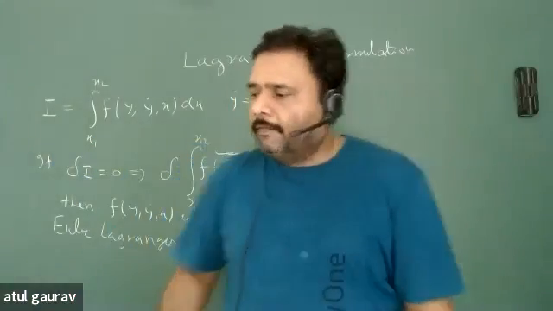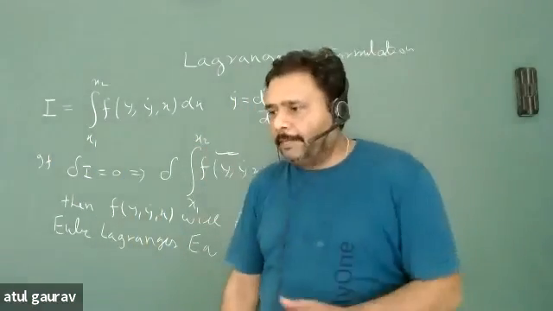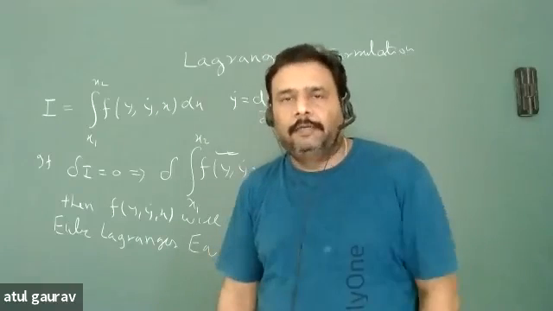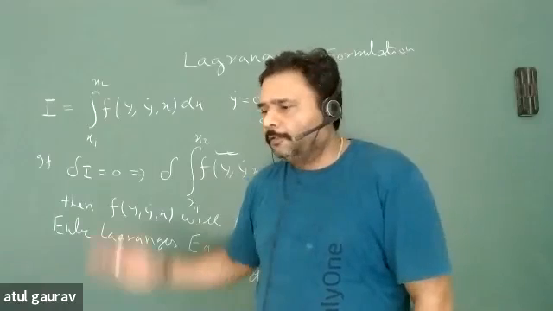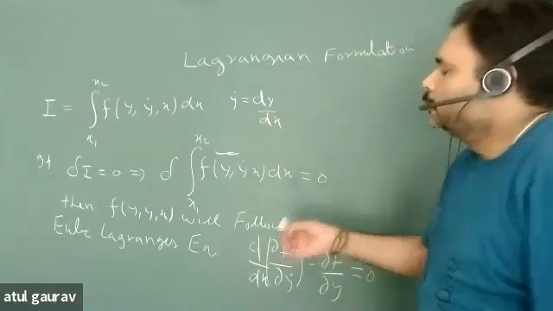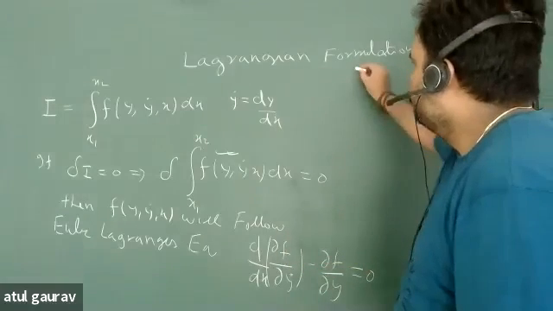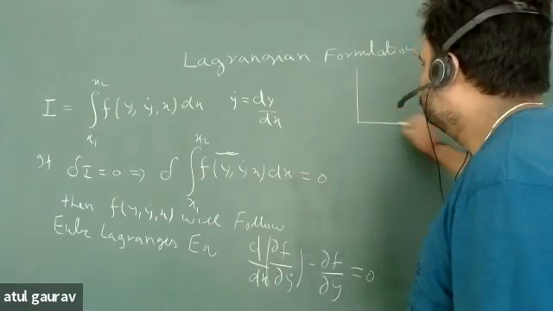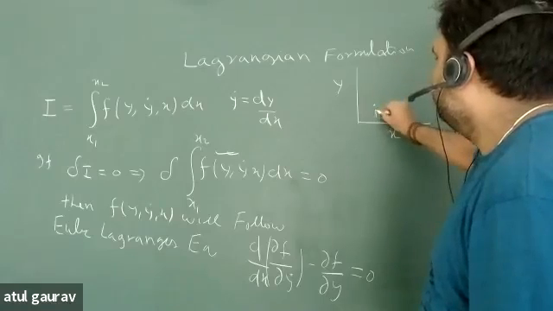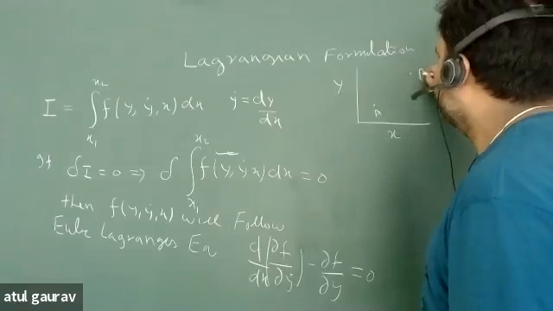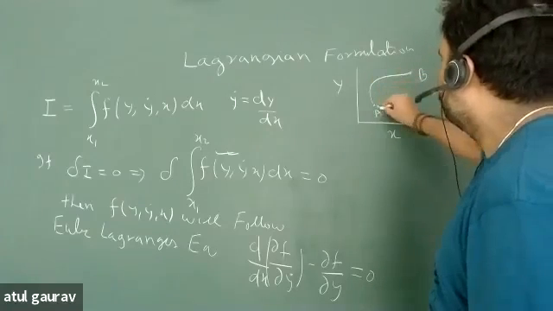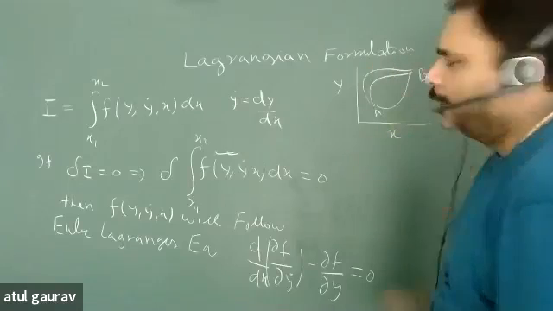Now, this is a wonderful method to get the maxima, minima, or extremum of any particular path in an optimization process. So we can use this as a mathematical tool for optimization. For example, suppose we have y versus x, and there is a point A and another point B. We can have n number of paths, you can go by any path.